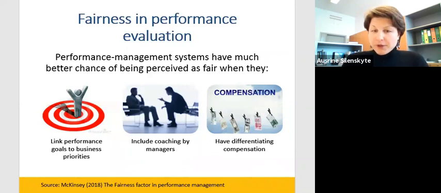Now, the second point, including coaching by managers. Performance management systems where managers take time and put effort into coaching their subordinates and teams are considered more effective and fair. For doing coaching, managers need a set of soft skills on how to manage difficult conversations, how to motivate and stretch people, and balance yearly goals with short-term daily updates.